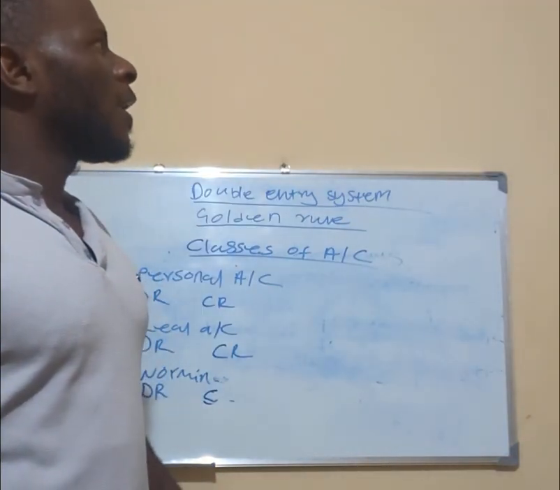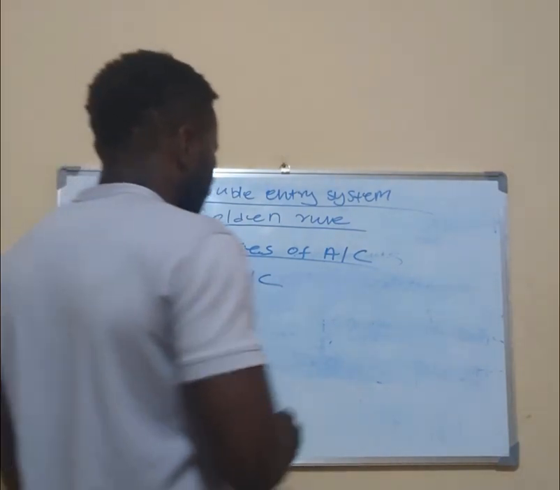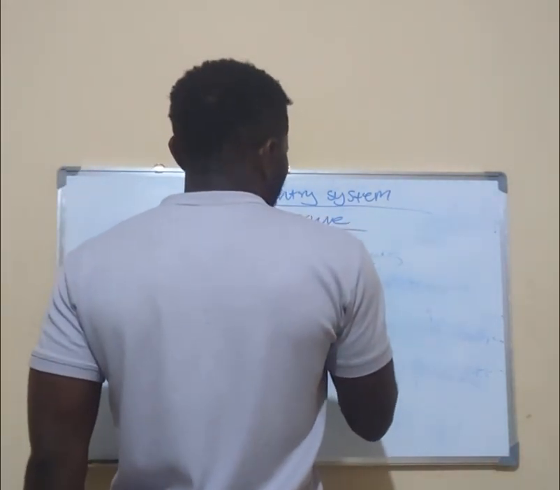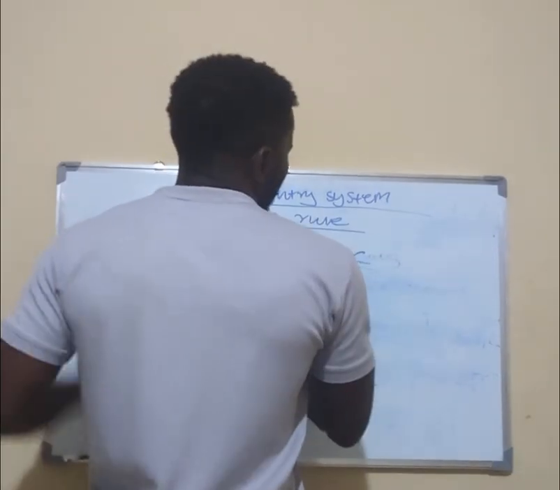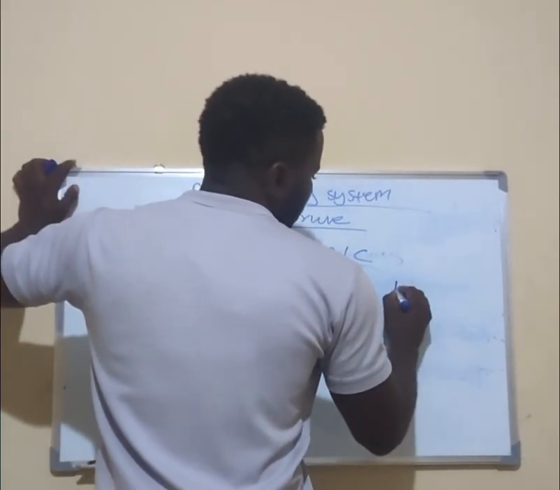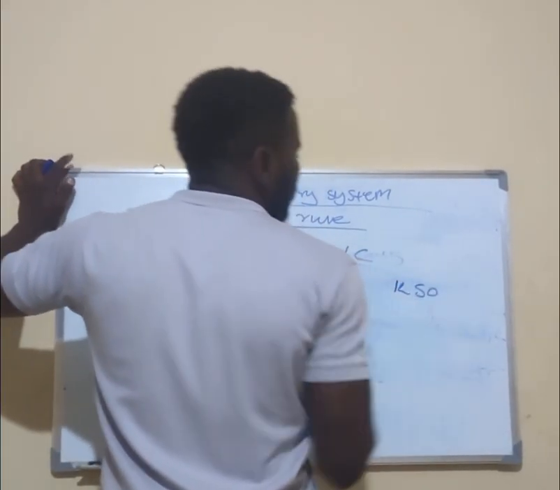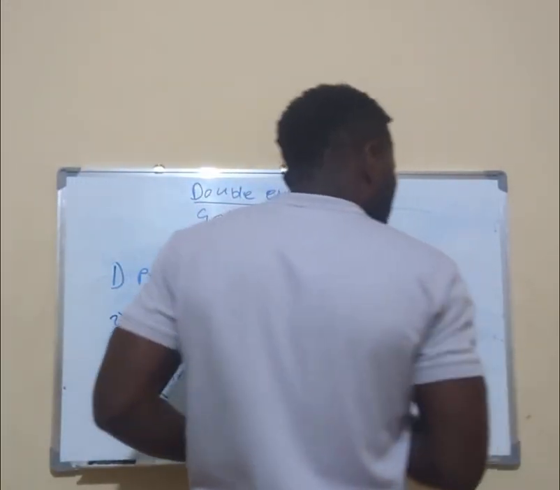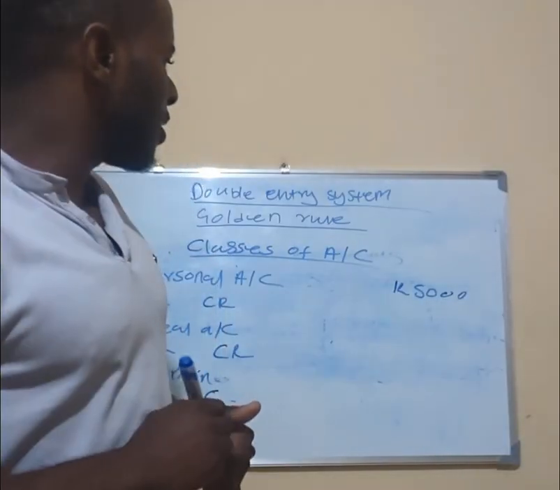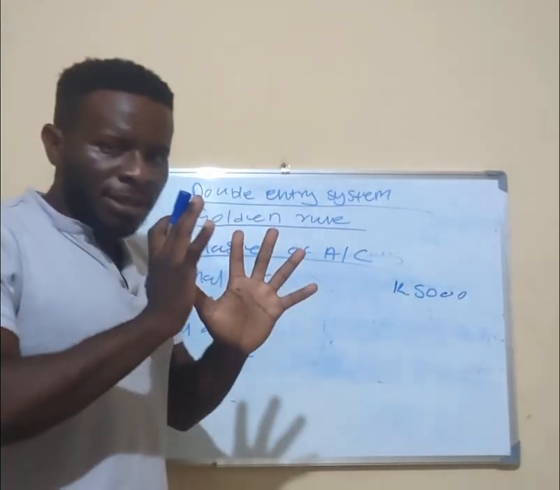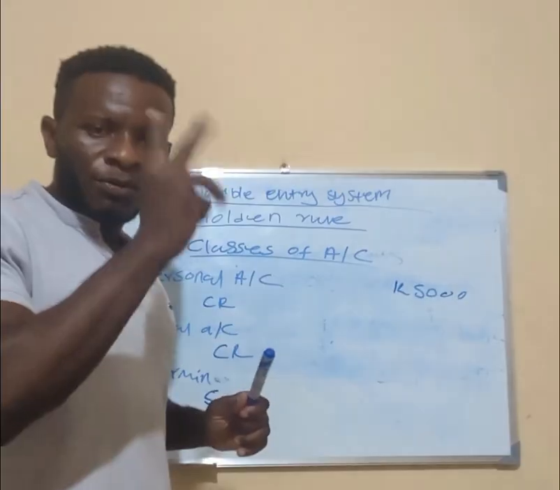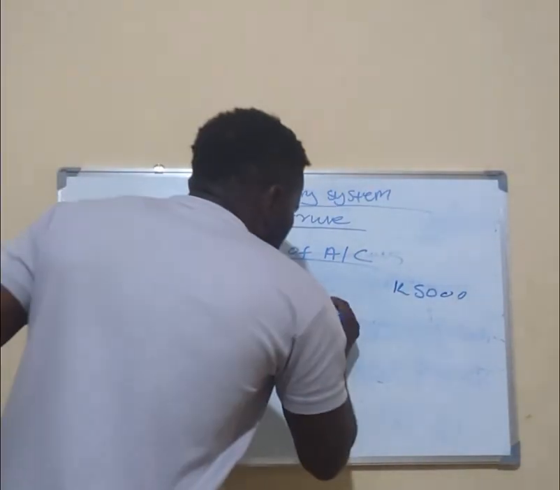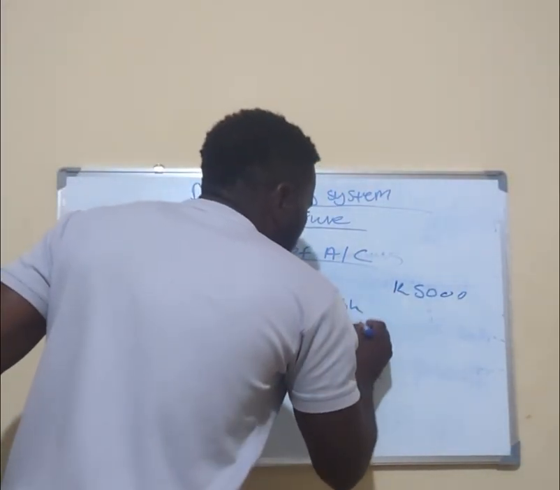Maybe received rent by cash, 50 kwacha or 500. Received rent by cash. So there are two accounts involved. There's a cash account.